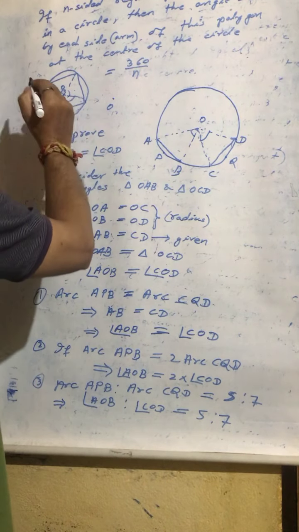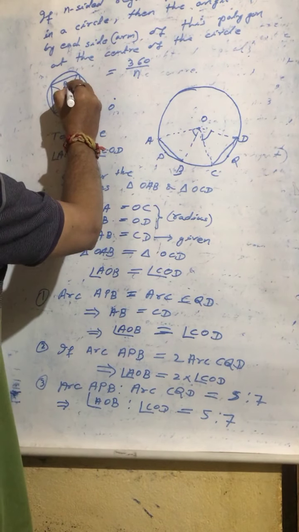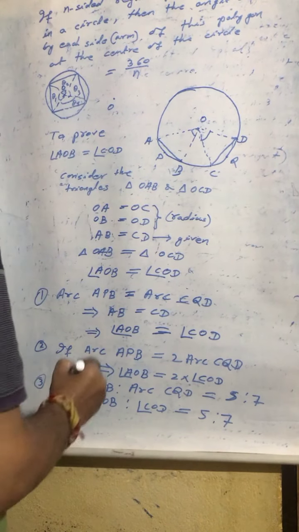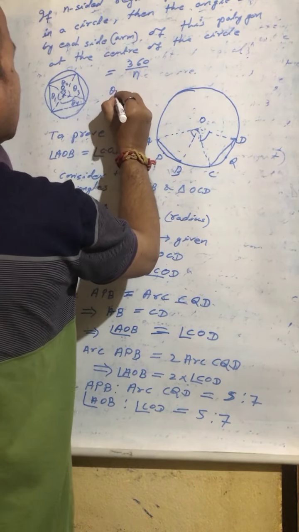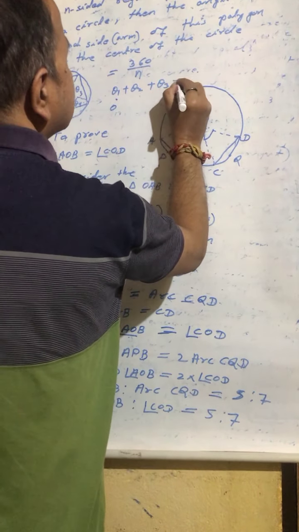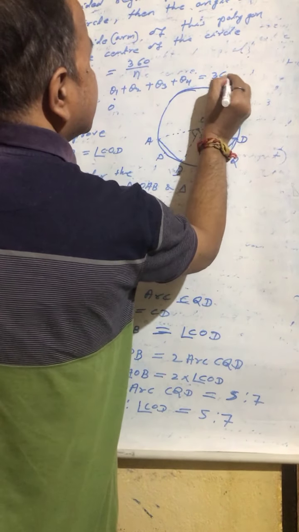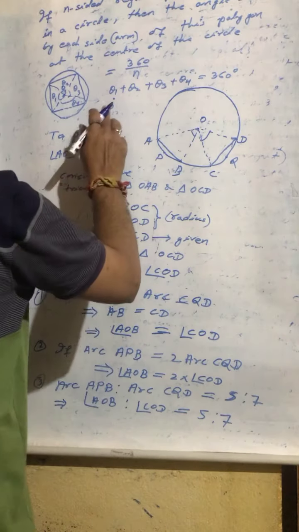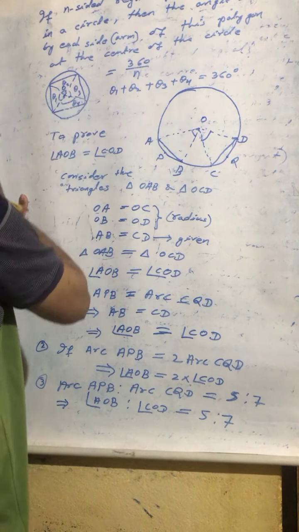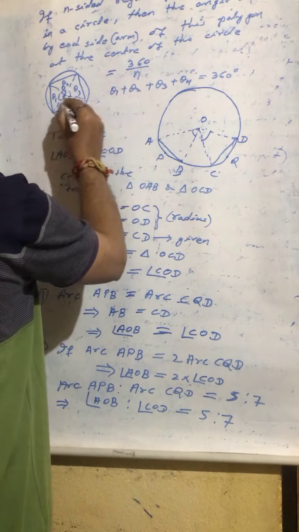So the angles are theta 1, theta 2, theta 3, theta 4. Theta 1 plus theta 2 plus theta 3 plus theta 4 equals 360 degrees. Since I have taken 4 sides, the angles subtended by all are equal.